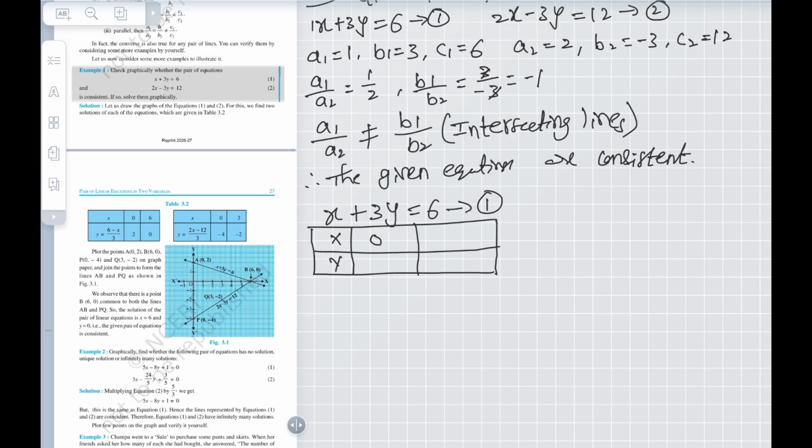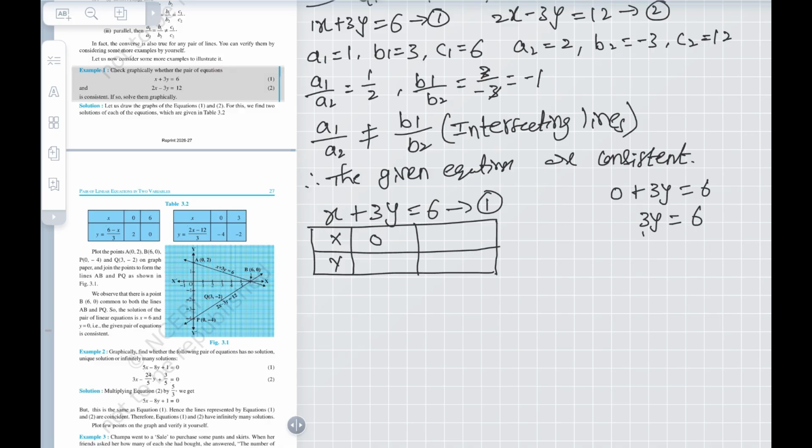Then you do the rough work aside. 0 + 3y = 6. I take x value completely 0 here, then 3y = 6 remains.